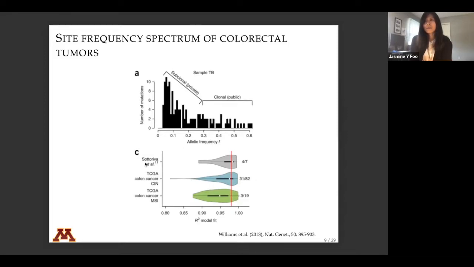They performed an R-squared goodness of fit test, and the results are here. These are different sets of colorectal cancer samples. They set the threshold of the R-squared test at 0.98 to be considered neutral. Then they found that, in this set of tumors, 4 out of 7 were neutral, 31 out of 82 were neutral, and so on.